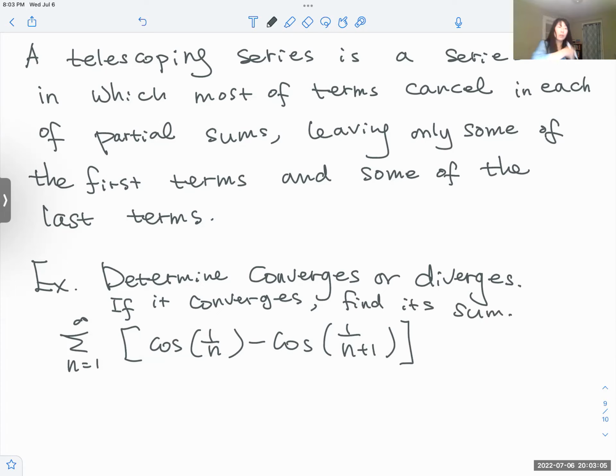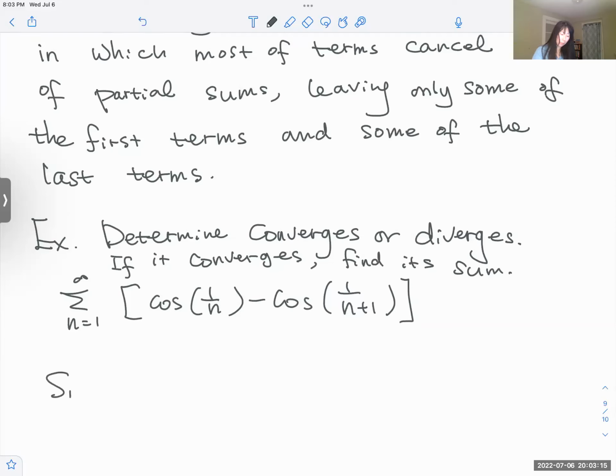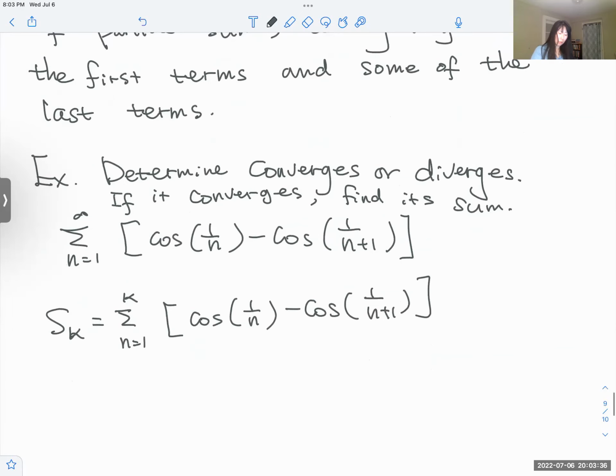All right. So maybe we can make a partial sum, right? So S sub k, which is n equals 1 to k, cosine 1 over n minus cosine 1 over n plus 1. All right, so n equals 1, cosine 1, right?